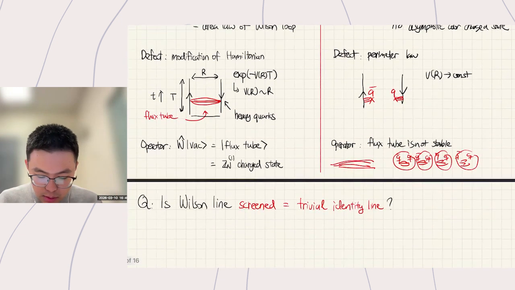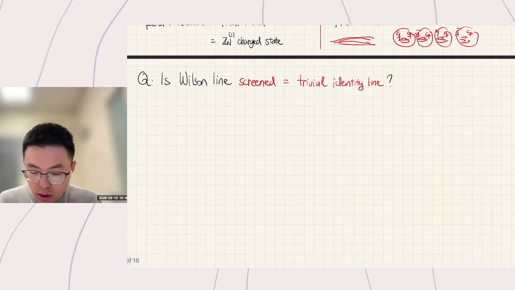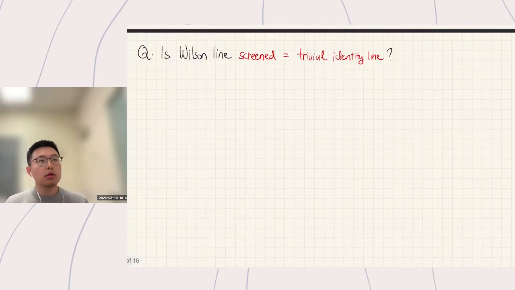So now I would like to get into the real meat of the talk. The first question one should ask is: we're interested in understanding what happens to Wilson lines under renormalization group flow, but does this question have an interesting answer? Meaning, if I have a Wilson line, is it possible that it's just completely screened in the IR?